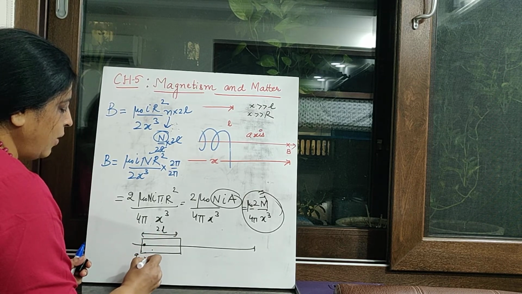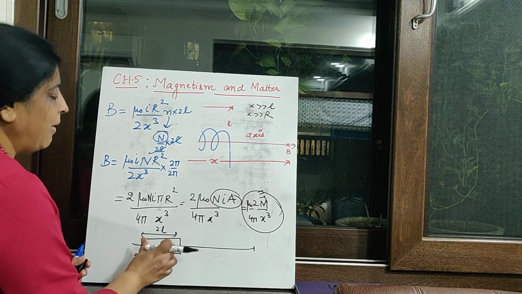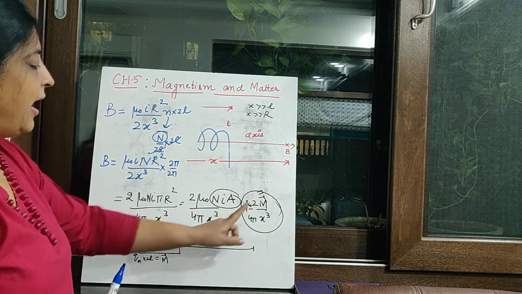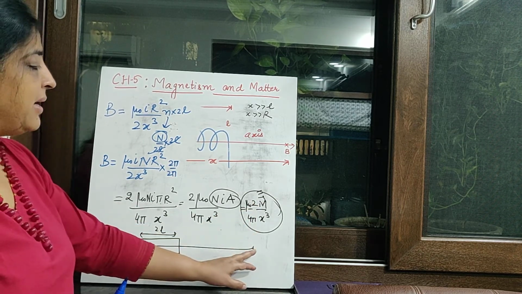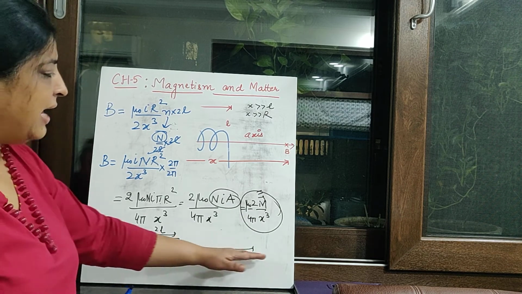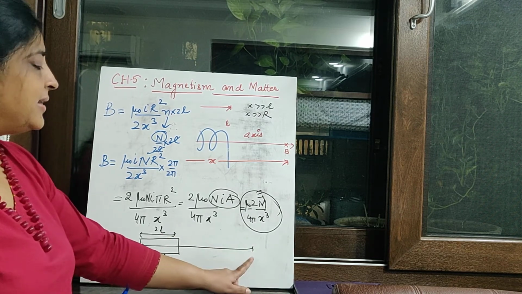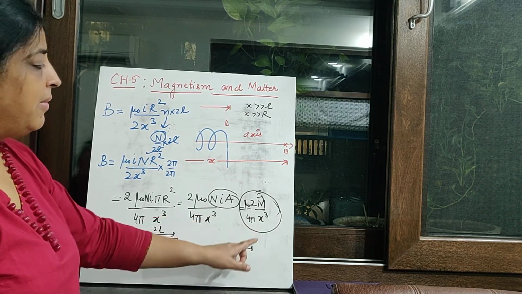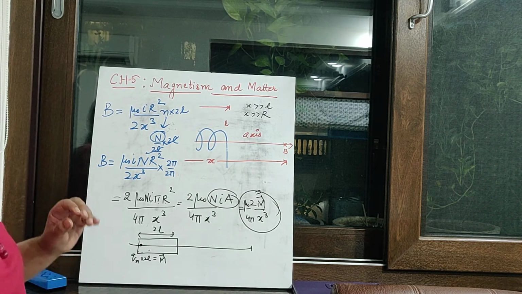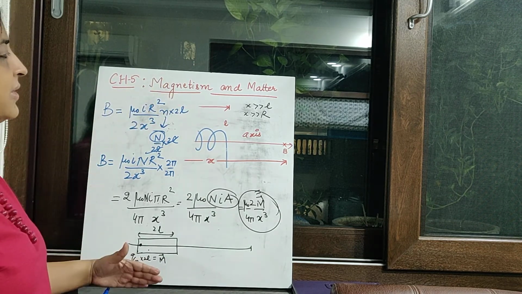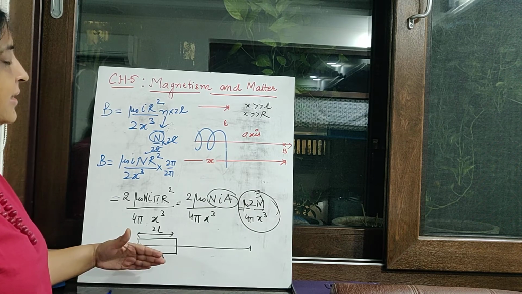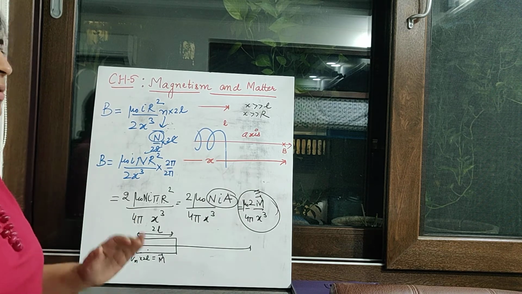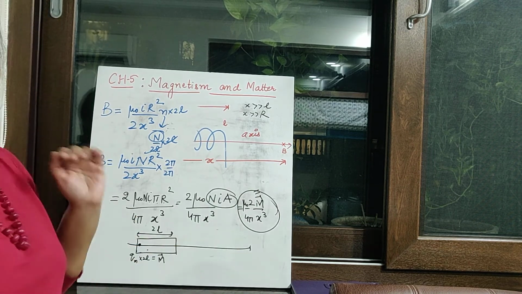Then Qm into 2L is the magnetic moment of the bar magnet. If the magnetic moment of the bar magnet is m, and we want to find the magnetic field due to the bar magnet at any axial point distant x from the center of the magnet, the result will be exactly the same. So this gives us the equivalence between a solenoid and a bar magnet: both produce the same magnetic field on the axial point.